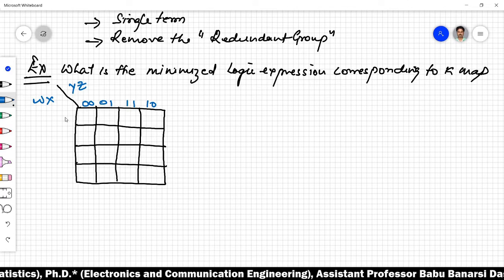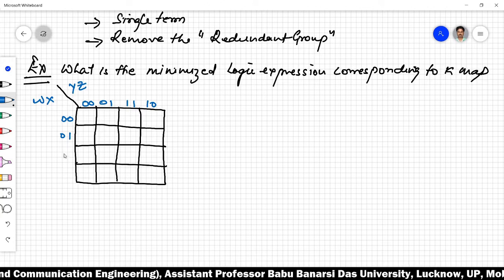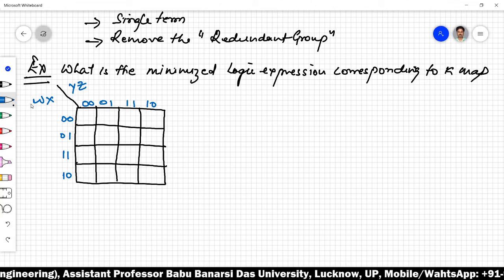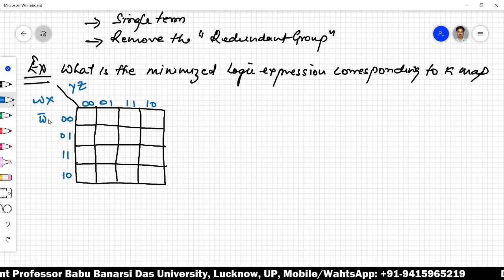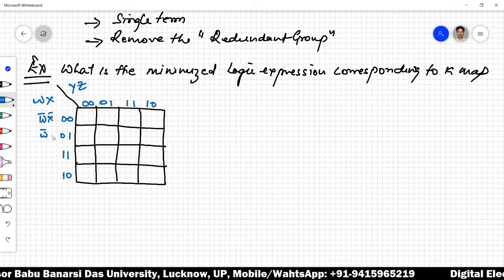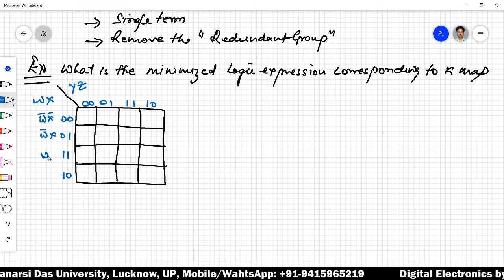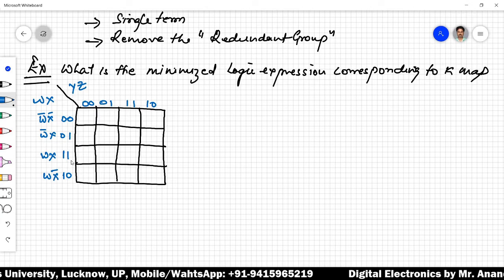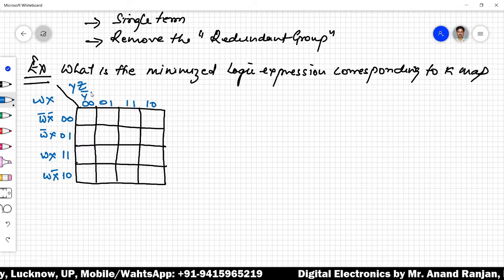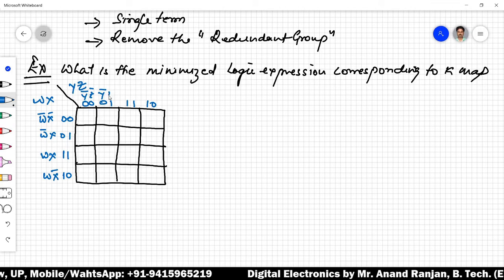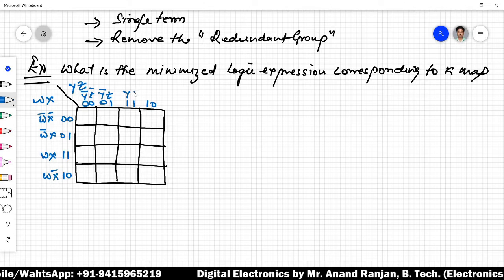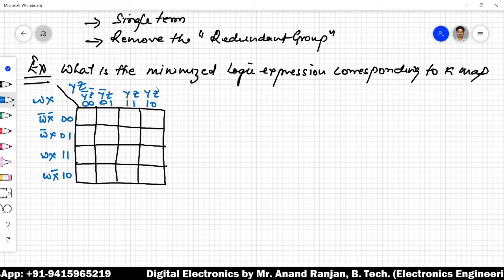Similarly here also, 0 0, 0 1, 1 1, 1 0. We can also write in terms of the variables: W bar X bar, W bar X, W X, W X bar. Similarly here Y bar Z bar, Y bar Z, Y Z, and Y Z bar.